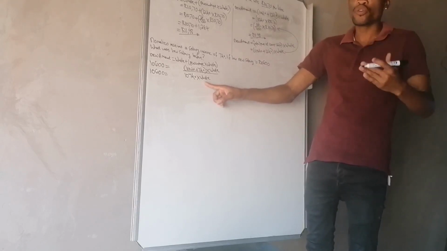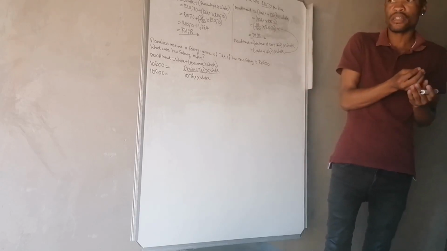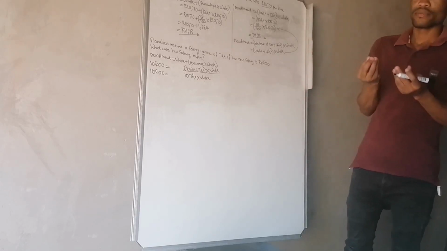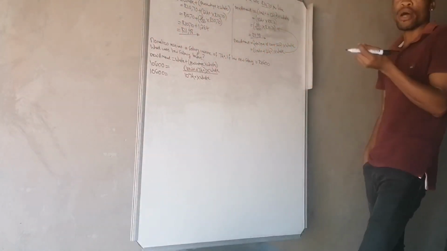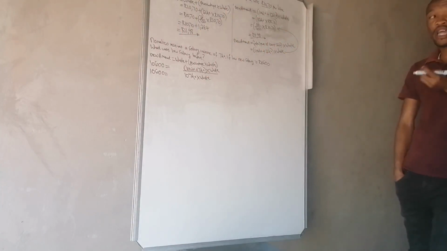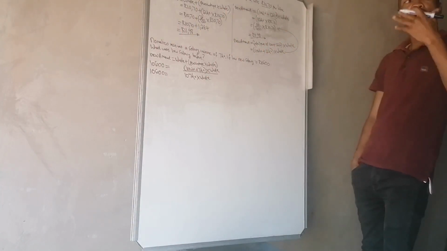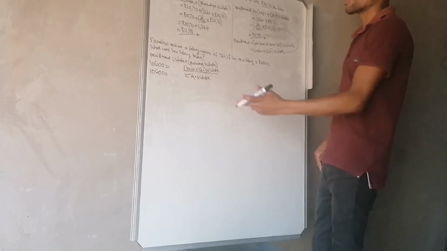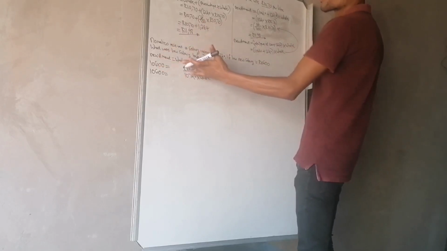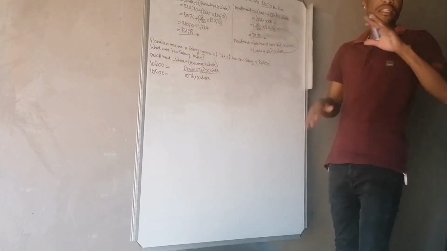When you are provided with the new amount and you are requested to find the whole, you will provide first the formula: the new amount is equal to whole plus percentage times the whole. That is the standard formula.